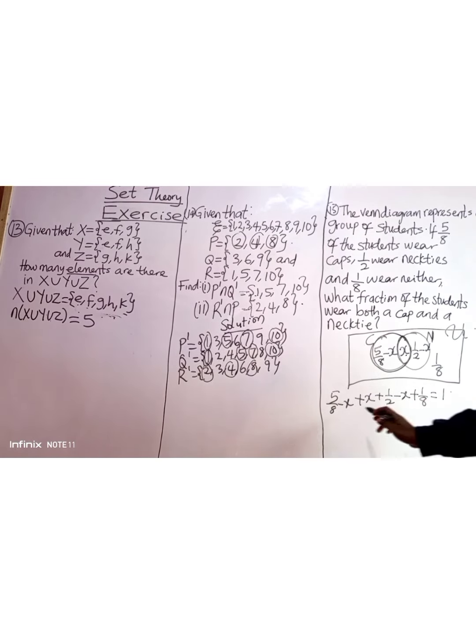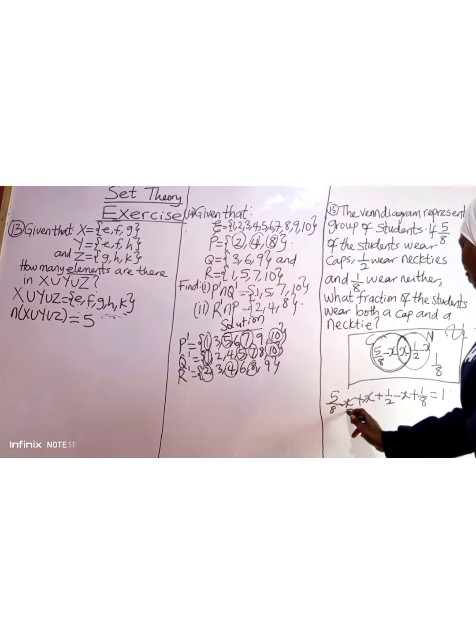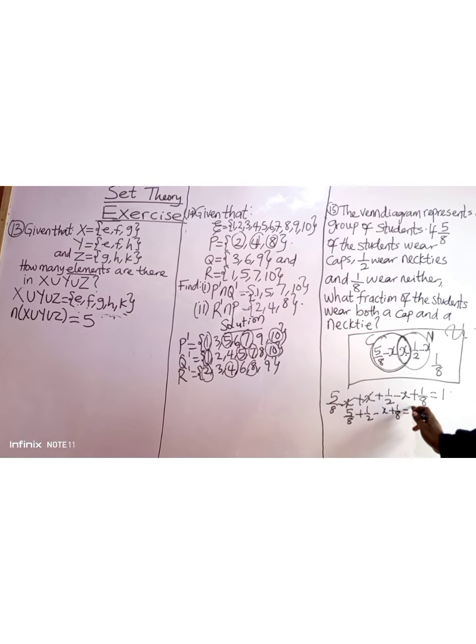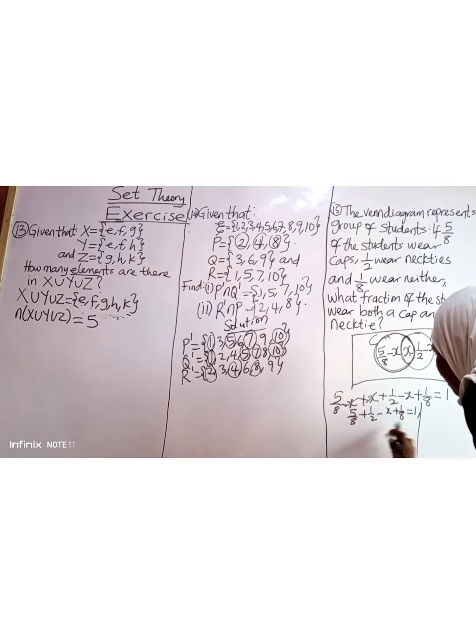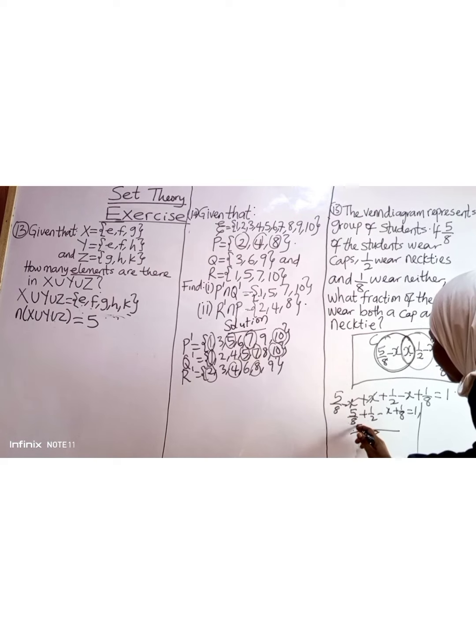So from here, if you do everything, minus X cancels X. So we have 5/8 plus 1/2 minus X plus 1/8 is equal to 1. If you find the LCM, we have 8. 8 in 8, 1. 1 multiplied by 5, 5.